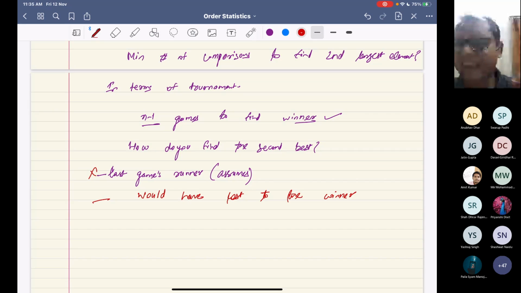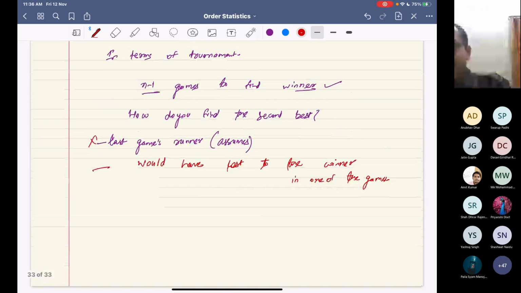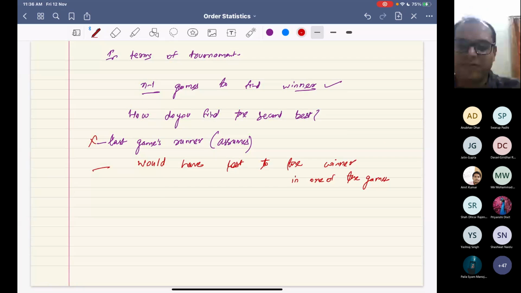The winner has to defeat it in some game. There has to be a game between them where the second best got defeated by the winner. Otherwise, how will it go out? It can go out anytime, whenever it plays a game with the winner.